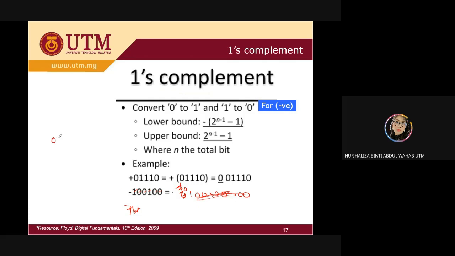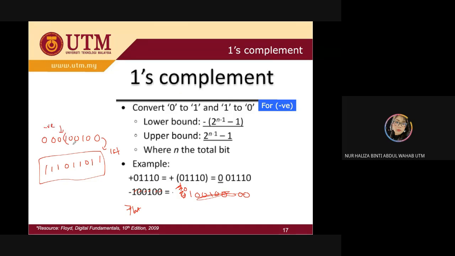You will have 0, 0, 1, 0, 0, 1, 0, 0. So this is 8 bits. If it is 9 bits, you put 0 in front, and you apply first complement, you will just change it. So this is your first complement for a negative number.